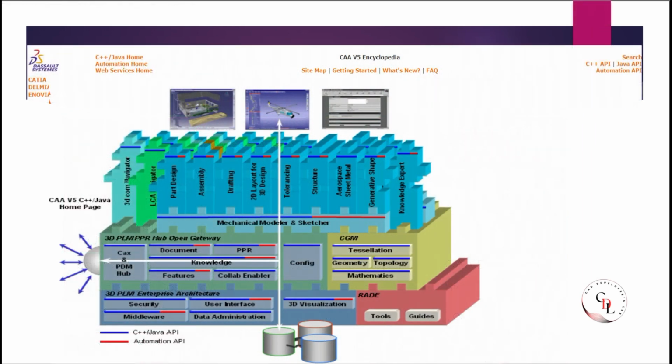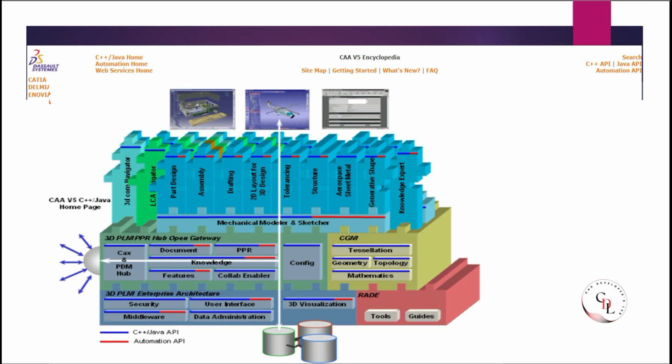Okay, in this picture you will see this is the CAA encyclopedia. If you have done a proper CAA installation in your system, you will see this encyclopedia in the install directory, in CAA doc. You have to go and read each and everything.